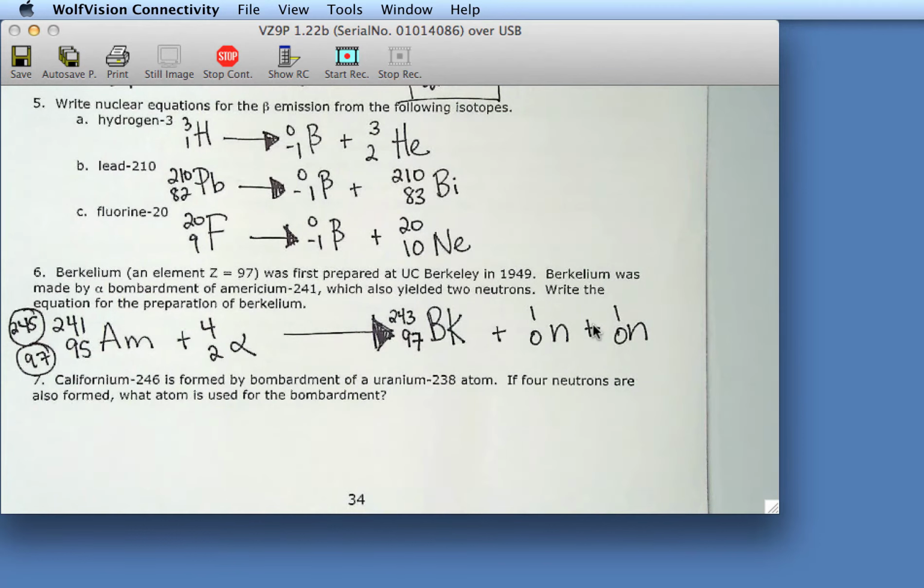So that was a challenging one. If you write them the other way, is it wrong? As long as what is on the left and the right of the arrow is the same as mine. So you could have had your alpha particle first. Your arrow doesn't change, it always goes from left to right.